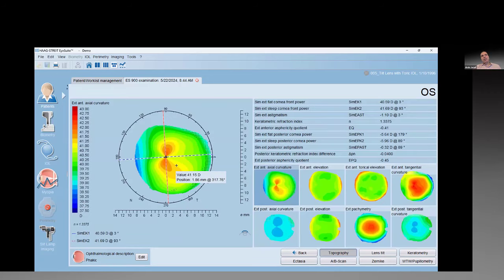So this puts me in a better position to take maybe a toric implantation decision. I won't say it's a must, but it gives me more confidence to say yes or no. It's more data to help me take a better decision.